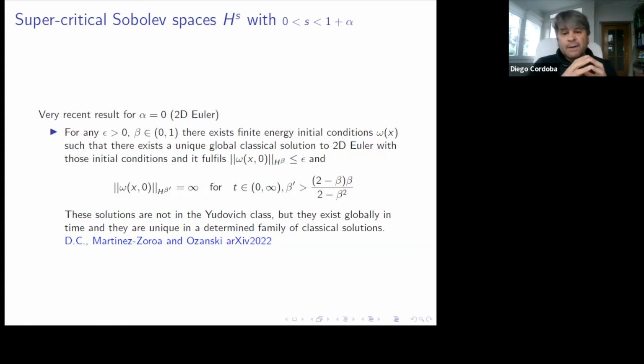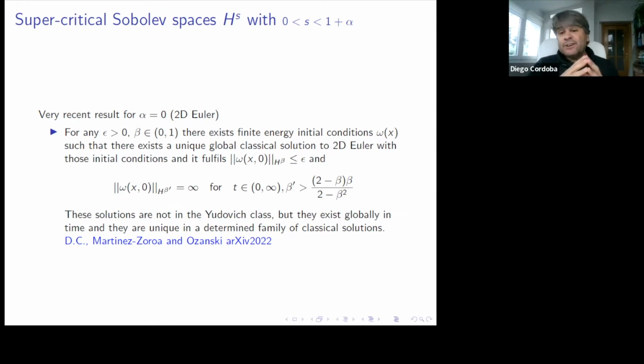So we prove that there exists... Now let me talk about vorticity in this case. So vorticity in H beta initially is smaller than epsilon, small. Beta is any value in between 0 and 1.